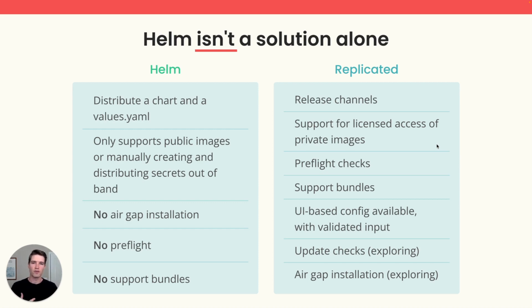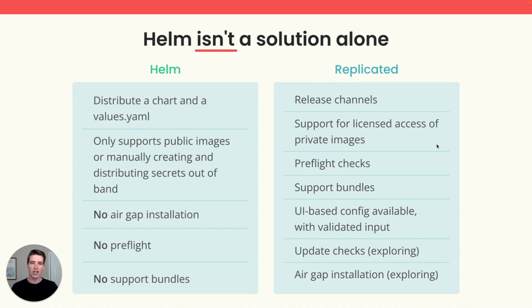There's no support for air gap installation. There's no pre-flight checks that run before the application's installed. There's no support bundles to help gather troubleshooting and diagnostic information from the environment in the event of an issue that needs to be troubleshooted.